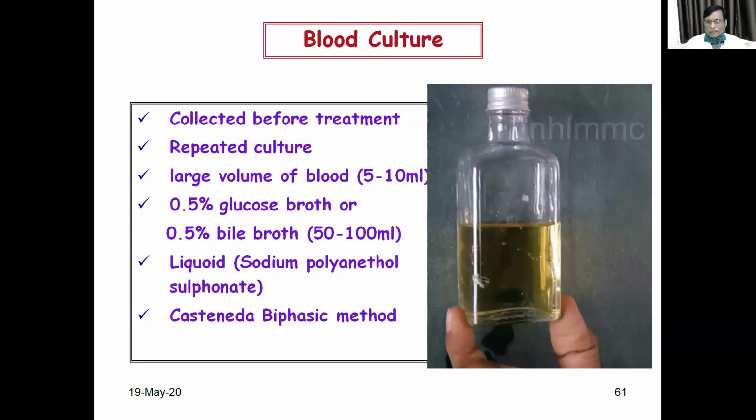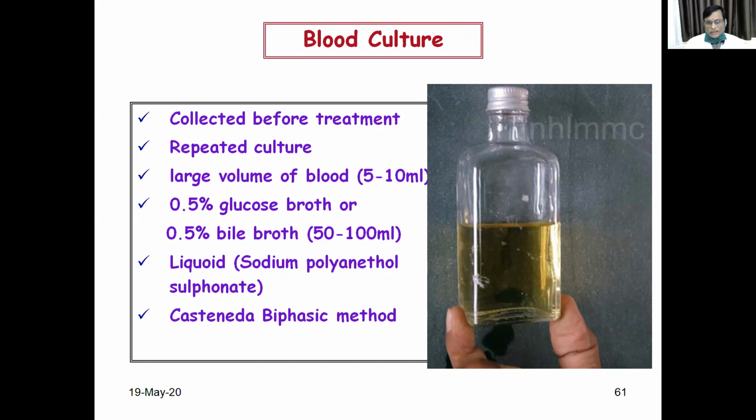That is not correct. Whenever the word blood culture comes, you have to go to the microbiology laboratory and indent or request for a blood culture bottle which contains sterile broth.